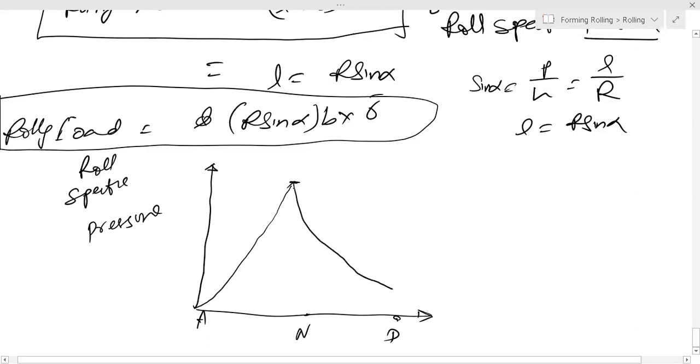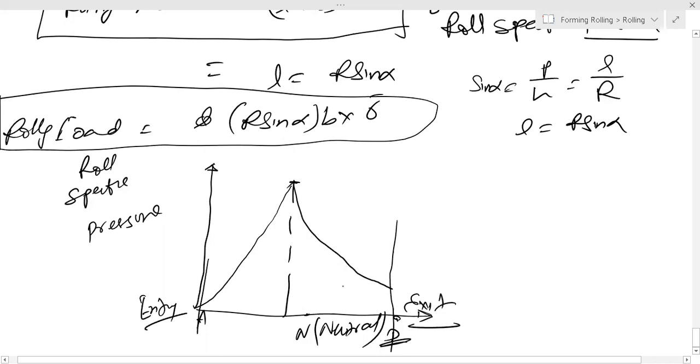Somebody asked in an objective question where the roll pressure is maximum: at the neutral point, not at the entry or exit of the roll. And this is your L, projected length.